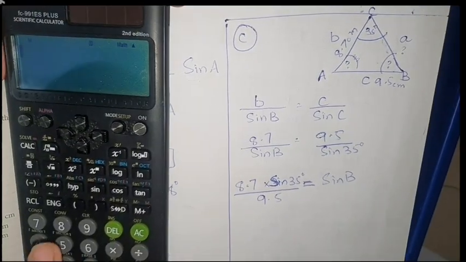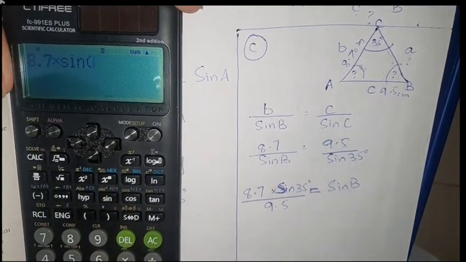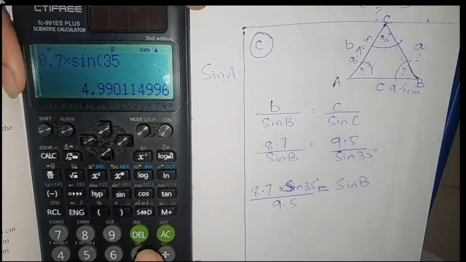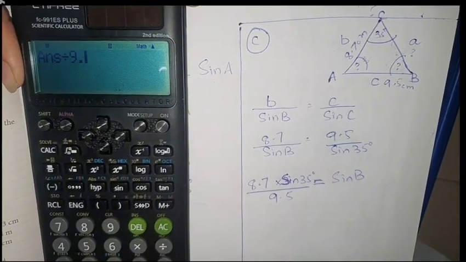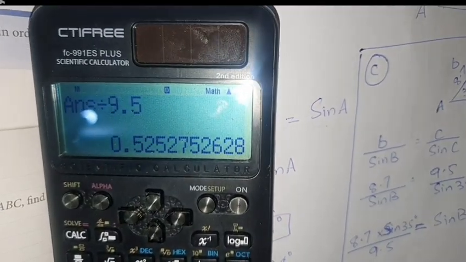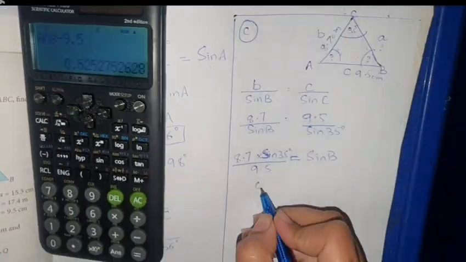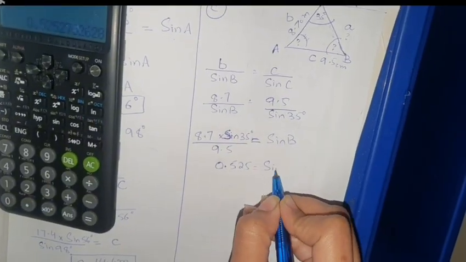See, 8.7 times sine 35 degrees is equal to 4.99. Now divide by 9.5, so this is equal to 0.525, which is equal to sine B.